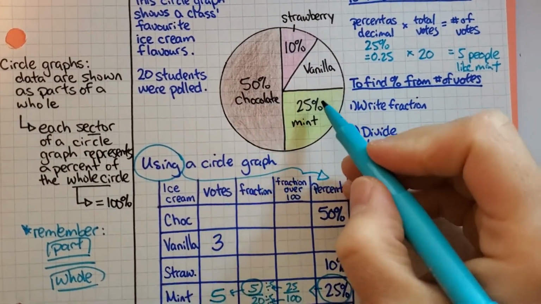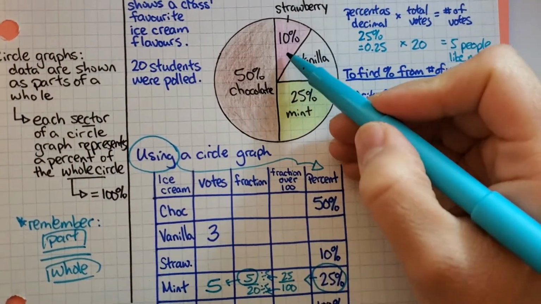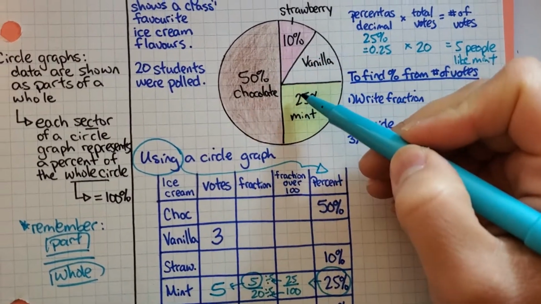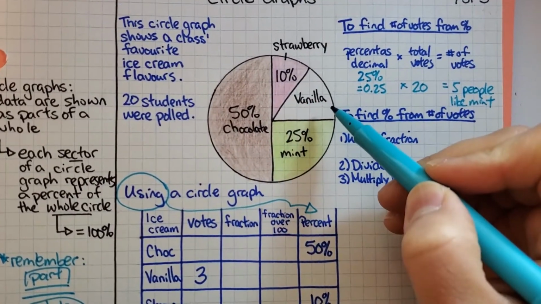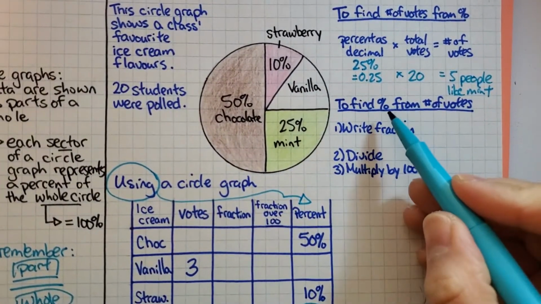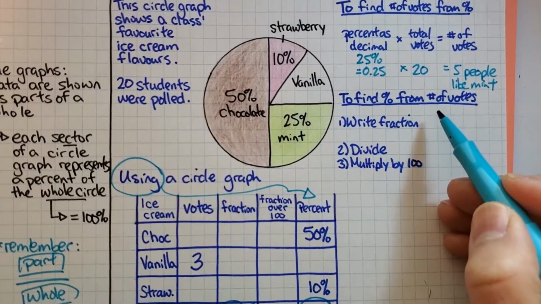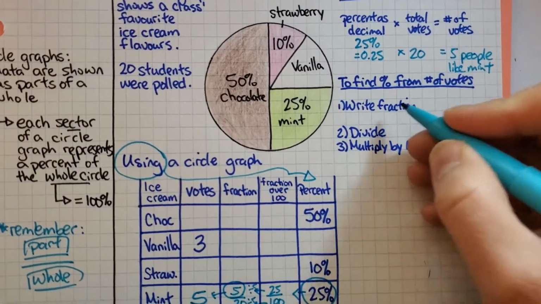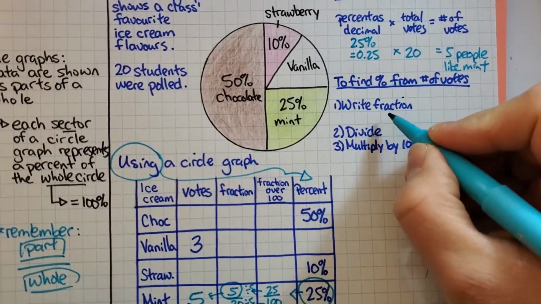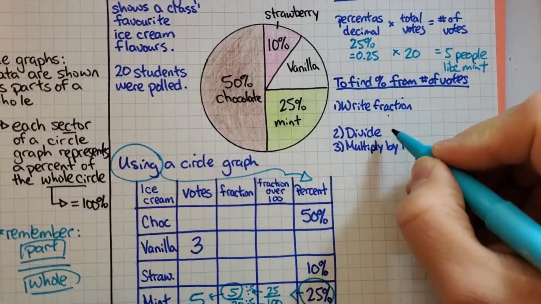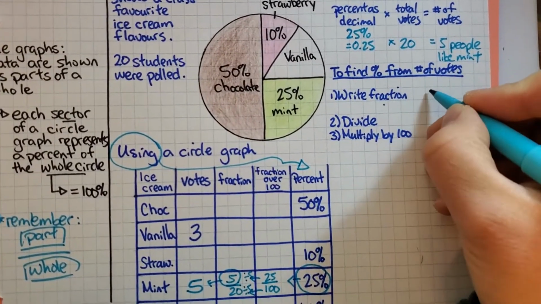All right, if you noticed, we have percents for all of the other flavors except for vanilla. So now we're going to look at how to find the percent from the number of votes. So we're going to write the fraction. The fraction is the part of the whole.